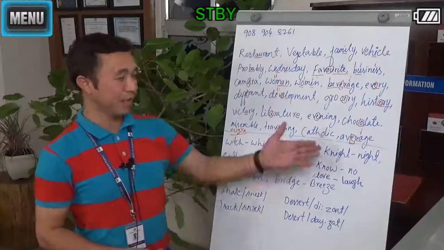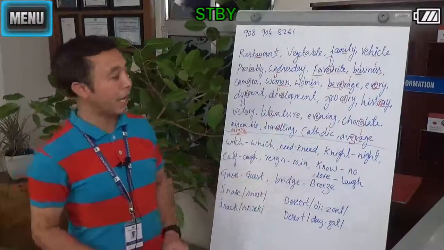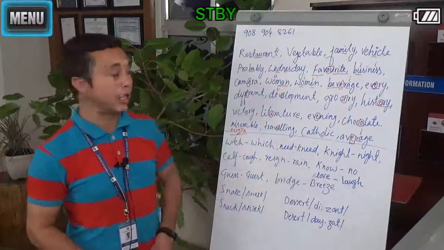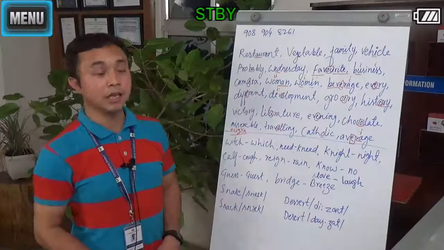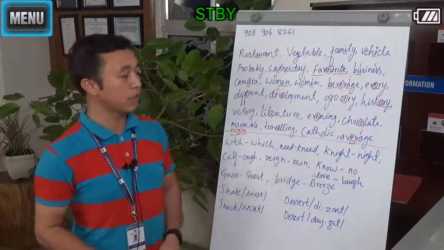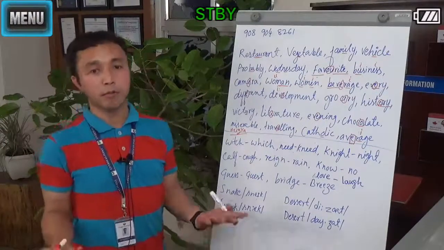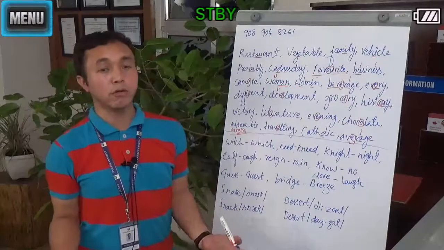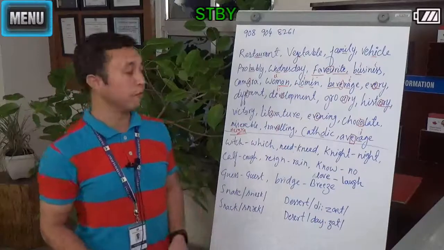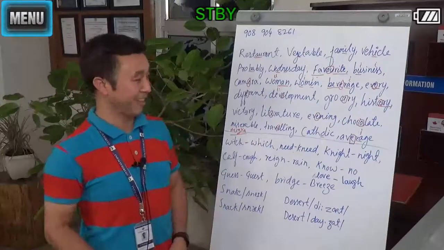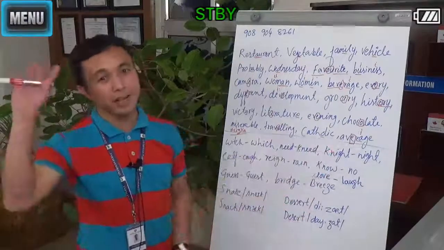And of course next we have KNIGHT and NIGHT. We know that knight means a soldier who fights for kings, for his honor, for his respect, and for his dignity. And night, we know, as in good night, see you.